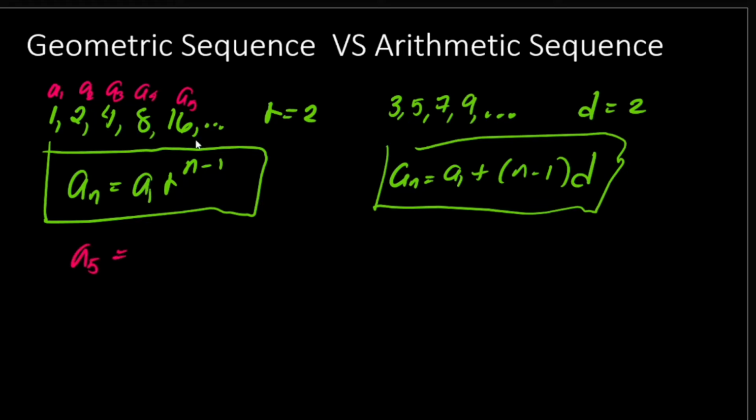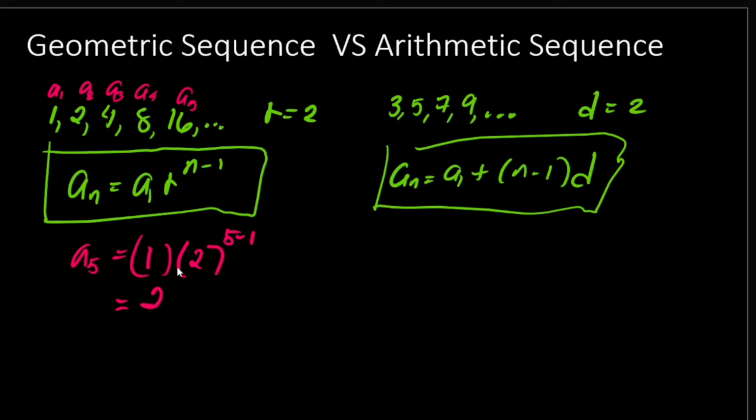So a sub 1, let's plug in the values. A sub 1 is 1 times r, which is 2, raised to the power of n minus 1, which is 4. Let's write 5 minus 1 first. So 1 times a number is the number.